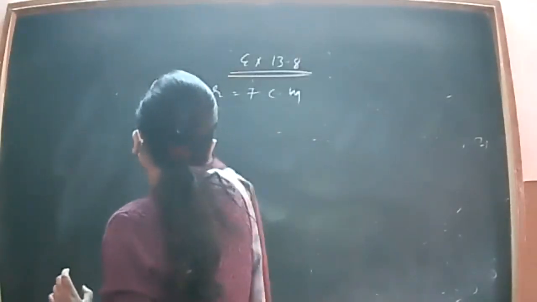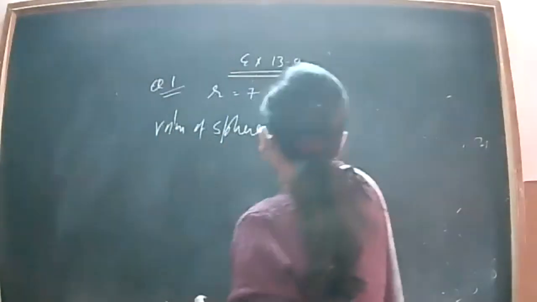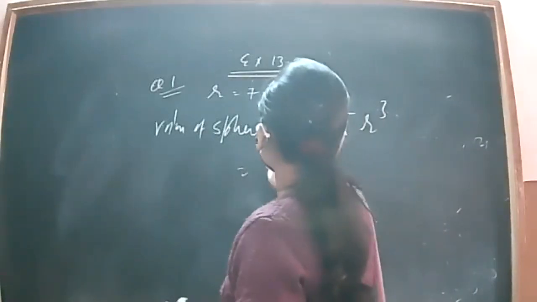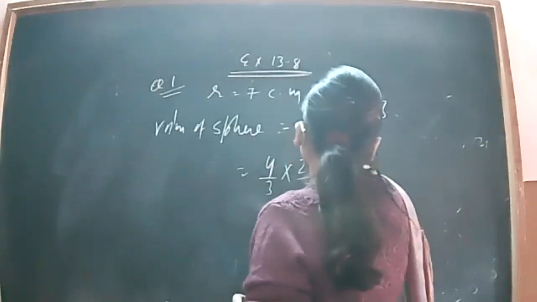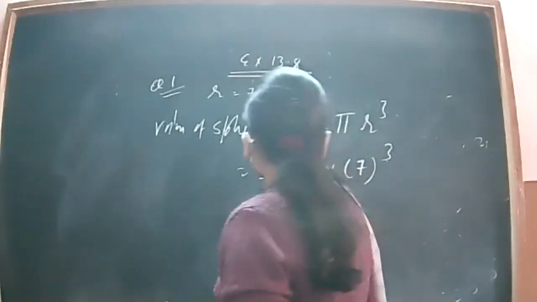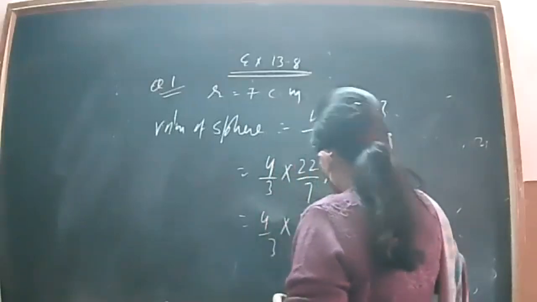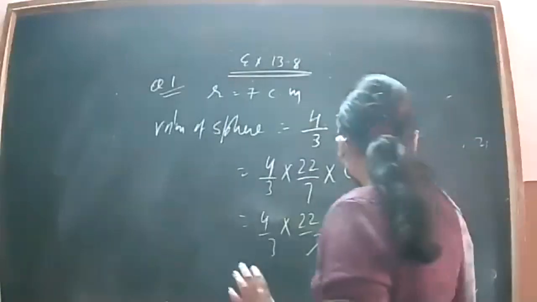Let us start. Volume of sphere is equal to 4 by 3 pi r cube. And this is 4 by 3, 22 over 7 into 7 cube. This is 4 by 3, 22 over 7 into 7 into 7 into 7. Cube hai to we open it 3 times. This gets cancelled.